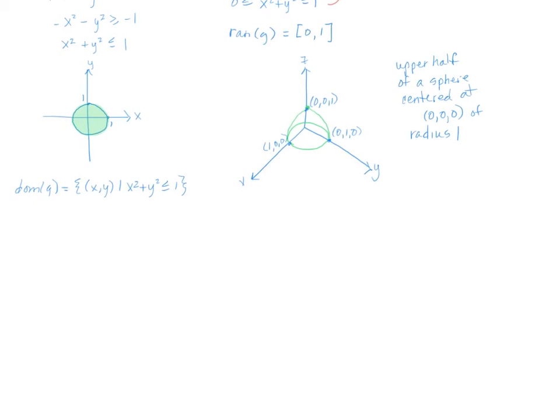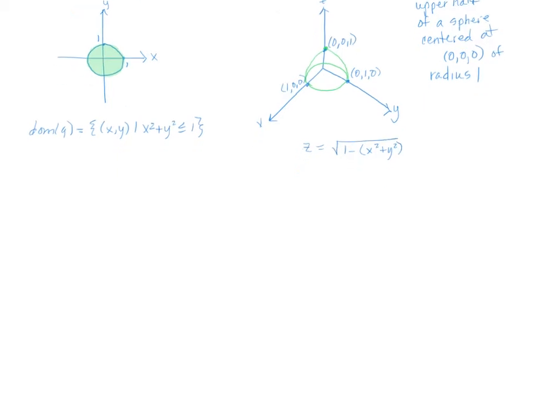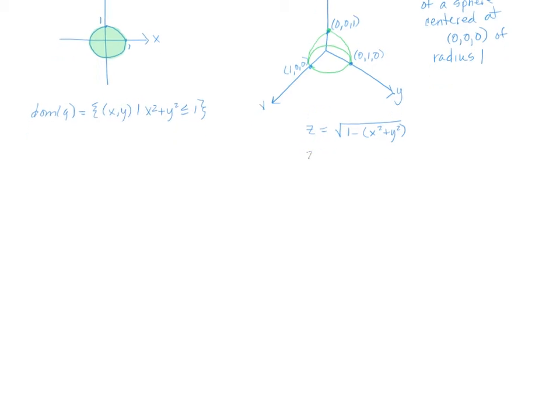So I just knew it was because I saw that equation, but how did I get that? Well, I know that z is equal to the square root of 1 minus, I'll keep it as the parentheses, of x squared plus y squared. So if I try to write this in a form that's more recognizable, what I want to do is square both sides to get z squared equal to 1 minus x squared plus y squared.